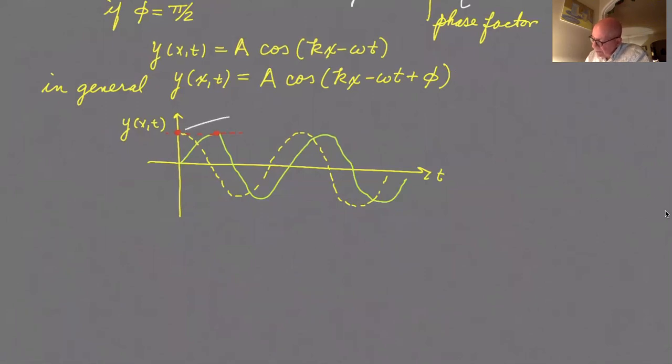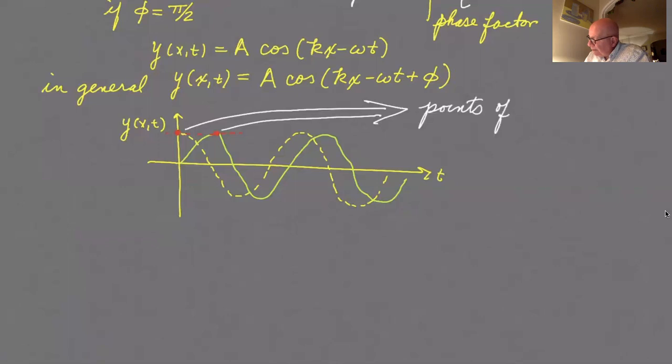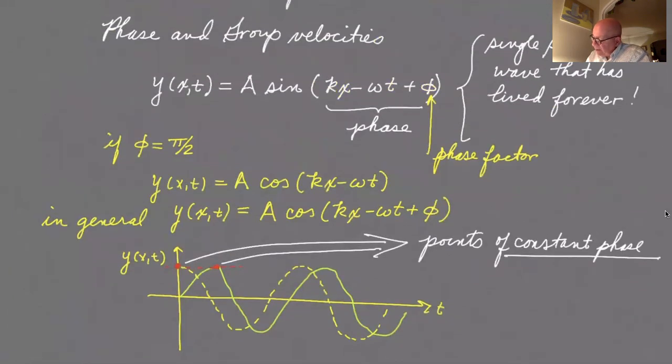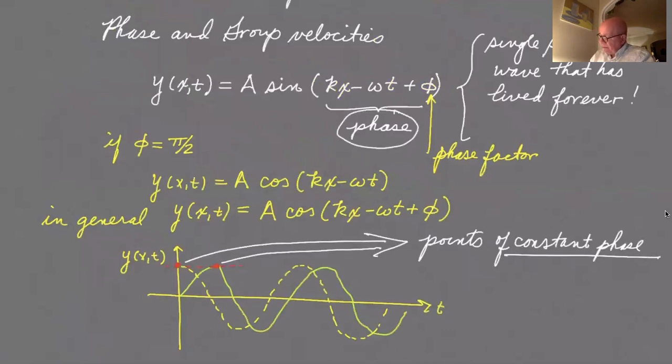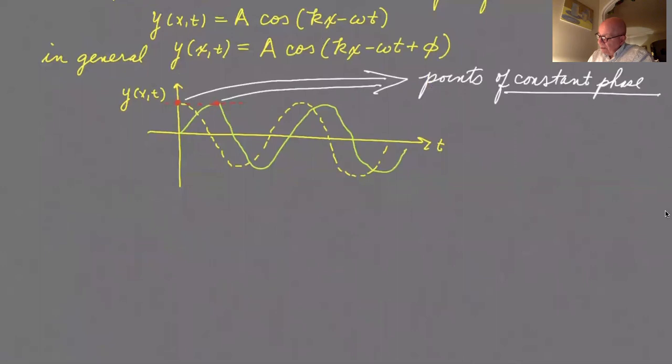So these are points of constant phase, not phase factor, of constant phase: the argument in the parentheses of that sinusoidal function.